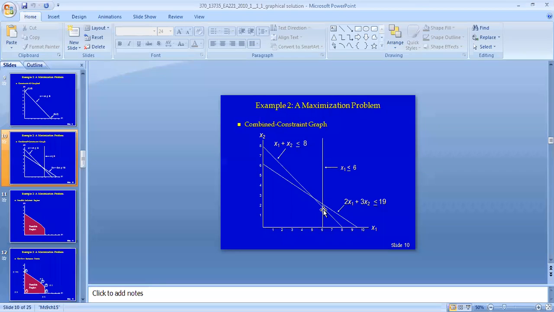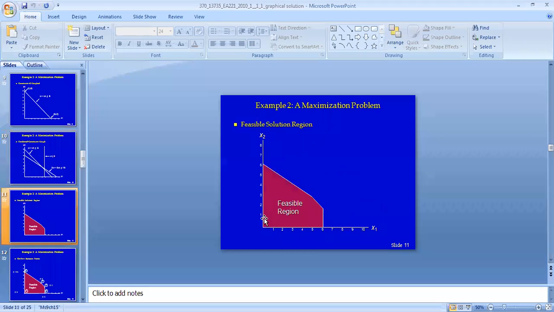After solving this, we get this point, and after solving the intersection point of 2 and 3, we get this intersection point, and this is known, 6 0, and this is also known, and this is 0 0. So how many corner points? 1 2 3 4 5.